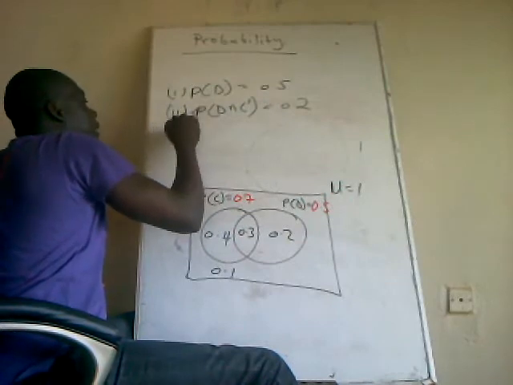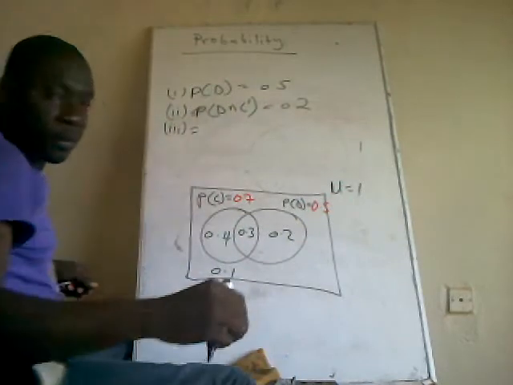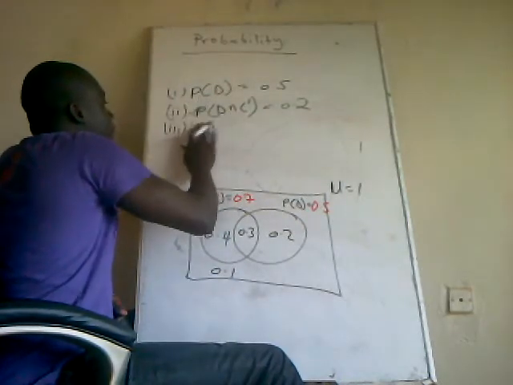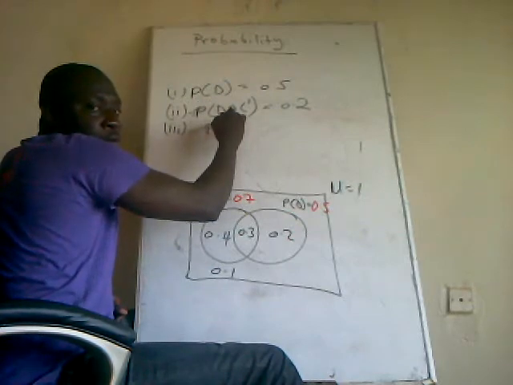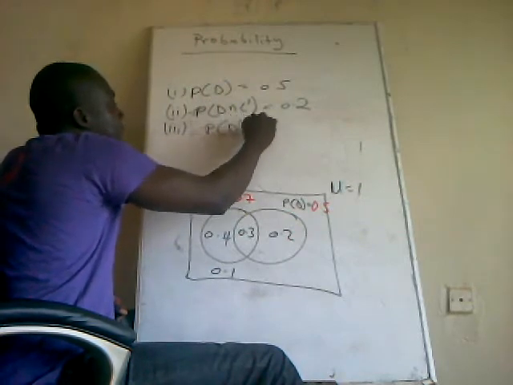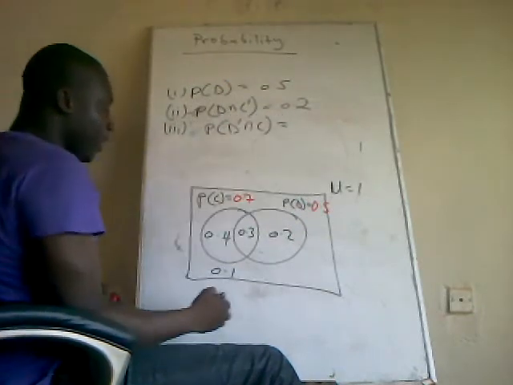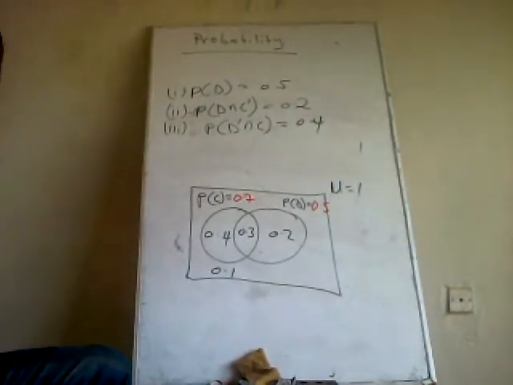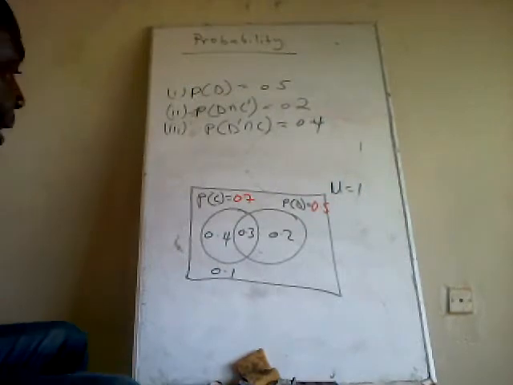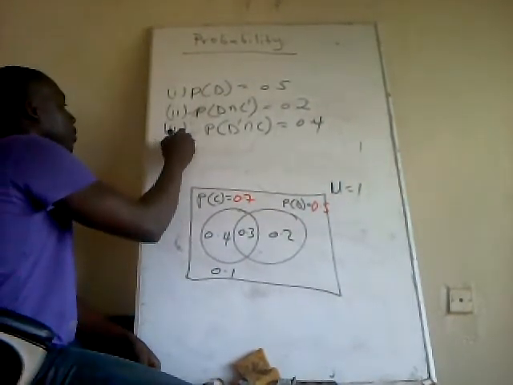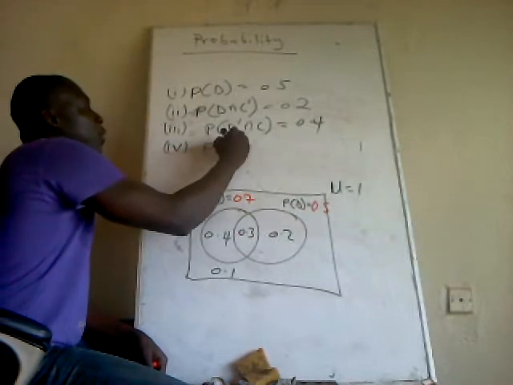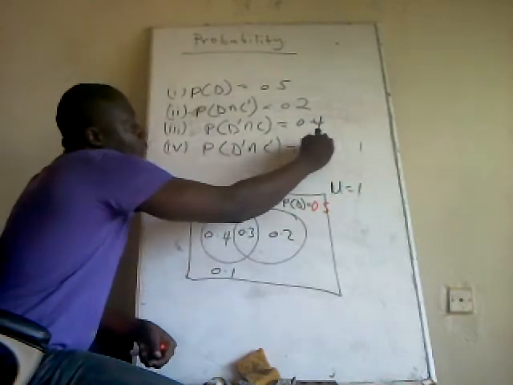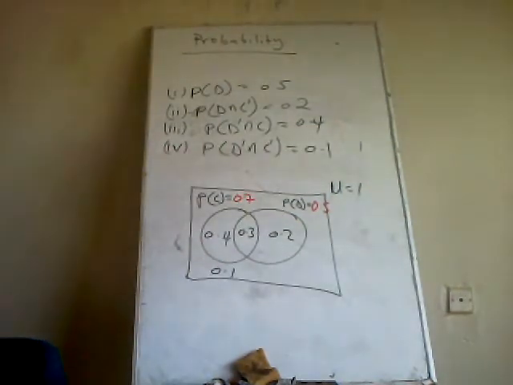Next, we are supposed to find P of D prime intersection C. That is C only. And C only is here, 0.4. And last but not the least, we are supposed to find the probability of D prime intersection C prime. And that is what is outside the box, 0.1. So we are finished solving the question.